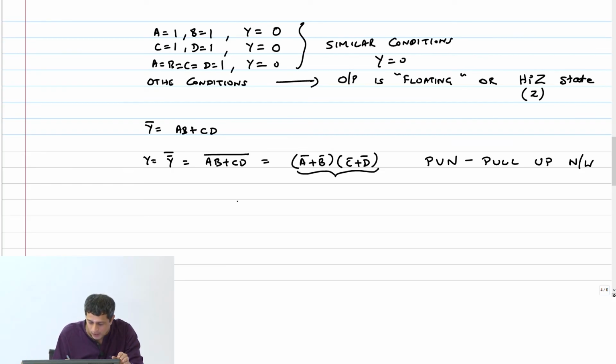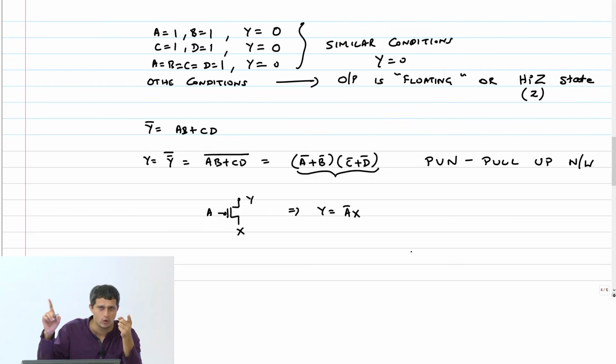Now remember, I told you that a PMOS transistor is an active low switch. So if I connect an input A like this, and this is some X, Y, it implies Y will be A bar into X. Because A has to go down to 0, assuming that there's a VDD on some other node, which will make it the source, the transistor will turn on and thereby conduct.